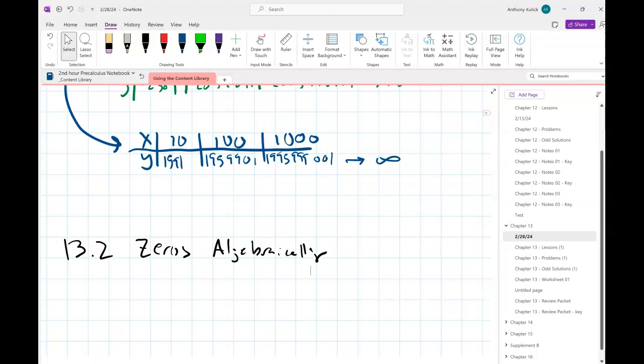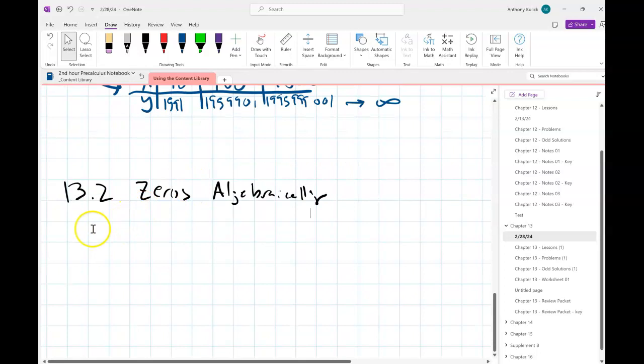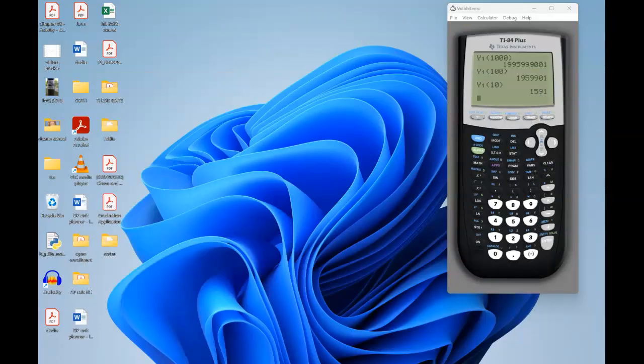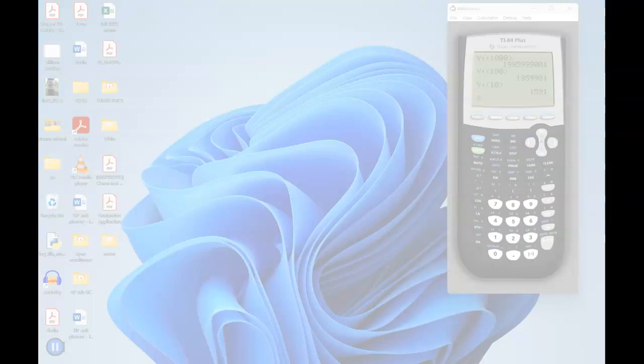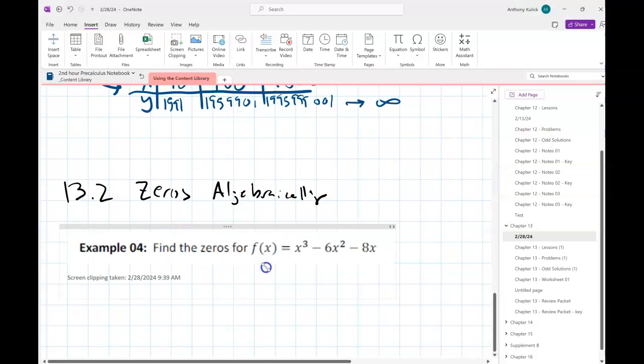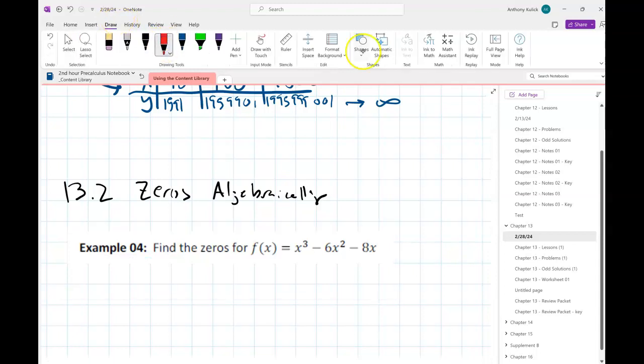Next thing we're going to do is talk about finding zeros algebraically, and this is really going to be the focus for the remainder of this chapter. So the first thing we're going to discuss is finding the zeros for polynomials when we can use the techniques that we already have developed in Algebra 2.